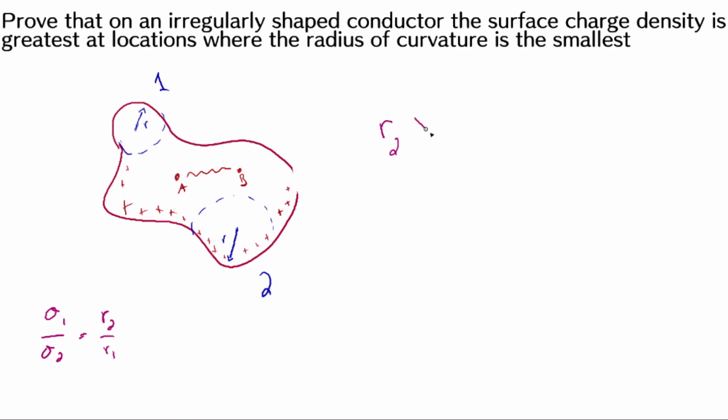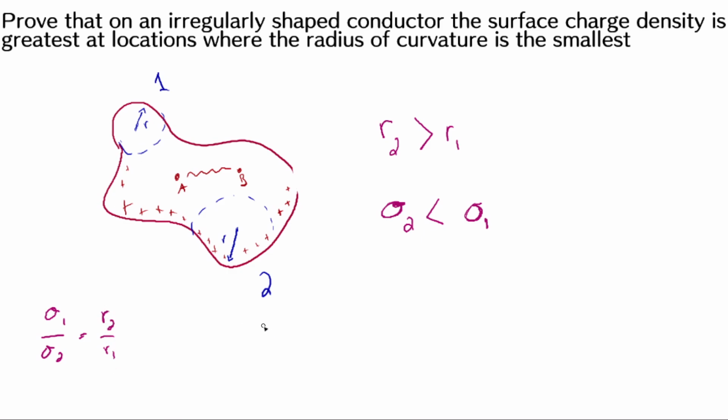If r2 were to be bigger than r1, it would mean that sigma 2 is smaller than sigma 1. We can just look at that here. Let's say r2 is 100 and r1 is 5.